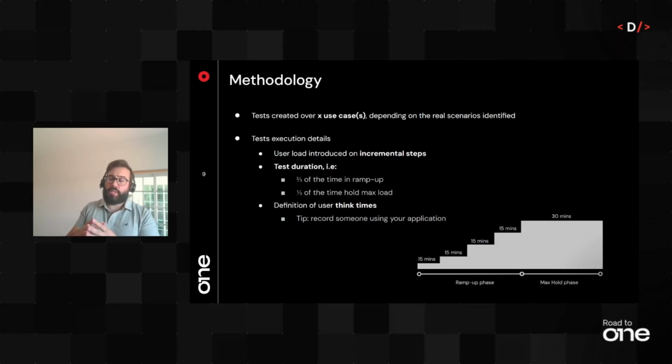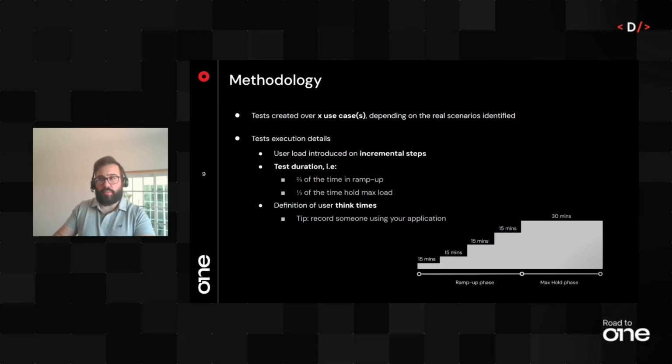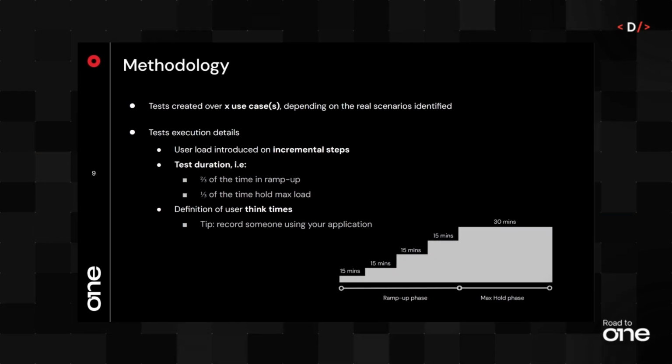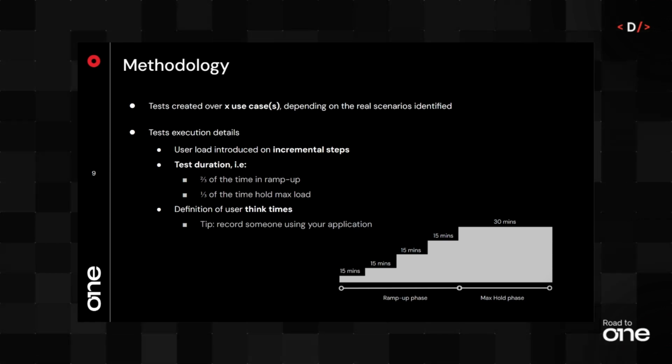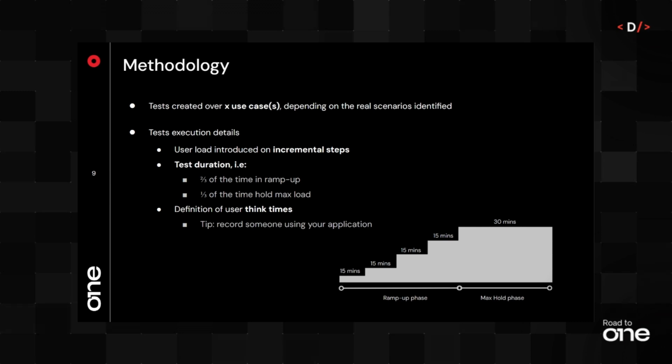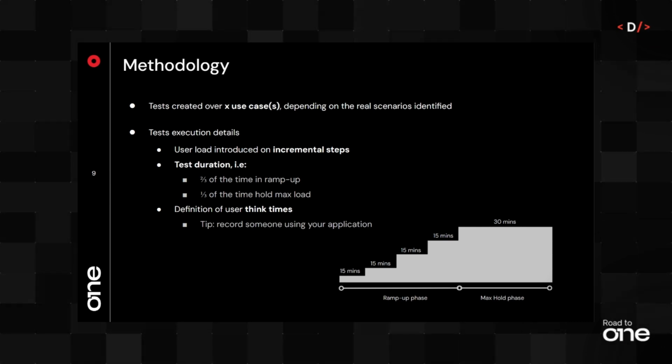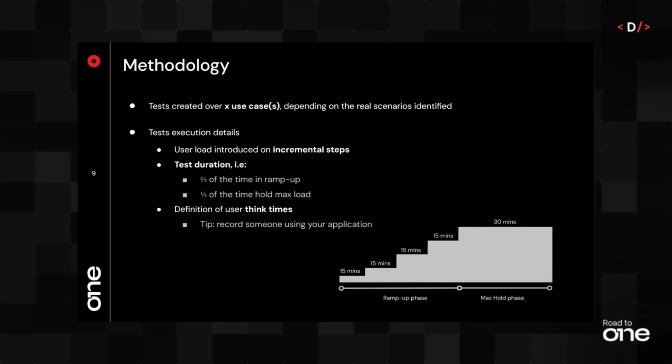Regarding the methodology itself, here we have the base structure that we use to execute the load test in an application. We have a set of use cases, one or more, that are based on the real scenarios identified during the requirements gathering. Those use cases are transformed into test scripts, and then those scripts are configured usually in incremental steps.